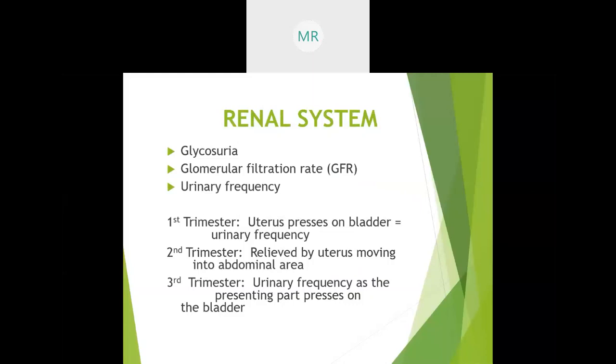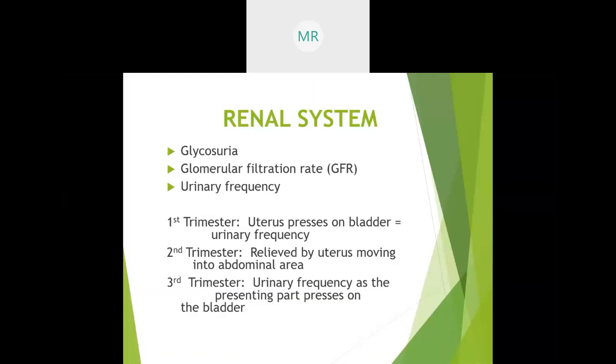There's glycosuria. Okay. Simple, kidneys are not able to reabsorb all of the glucose that's being filtered, so it results in glycosuria. It might be normal, or if there's too much of it, it might indicate gestational diabetes. And we will talk about gestational diabetes.